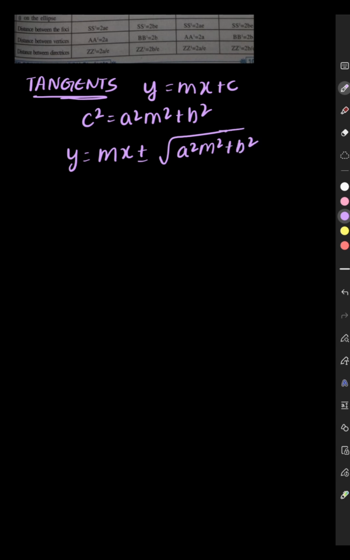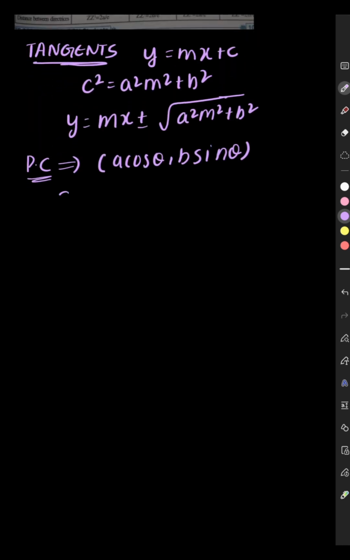Before we move further, I want to talk about parametric coordinates for an ellipse. For an ellipse, you are going to consider parametric coordinates (a cos theta, b sin theta). Now, using this, we can write the tangent equation of an ellipse in terms of theta, which is T equals 0. So T for an ellipse would be x x1 by a square plus y y1 by b square equals 1.